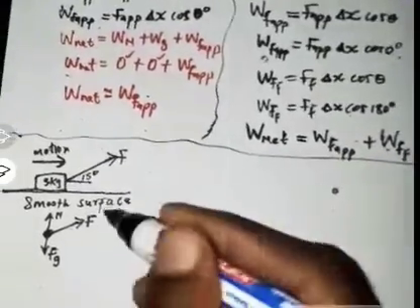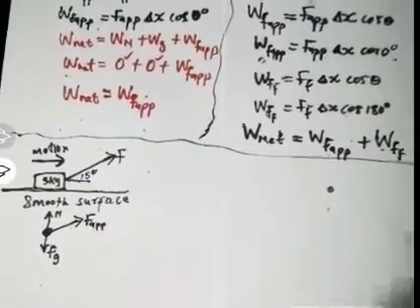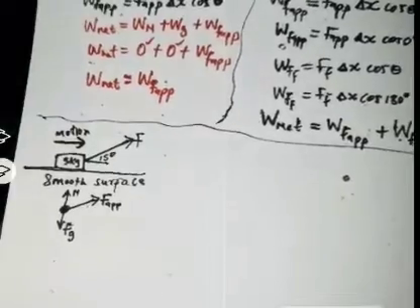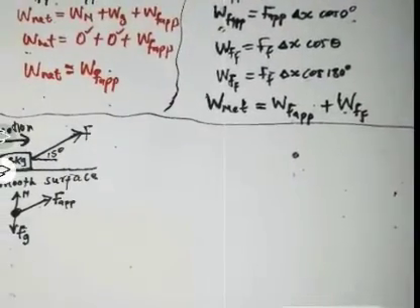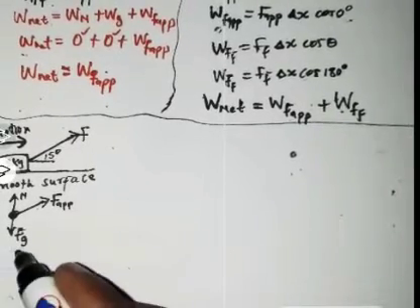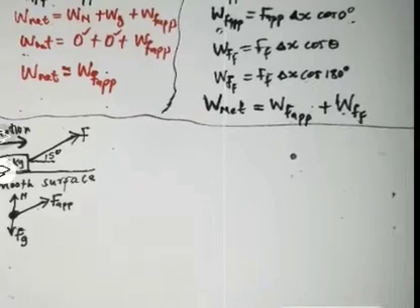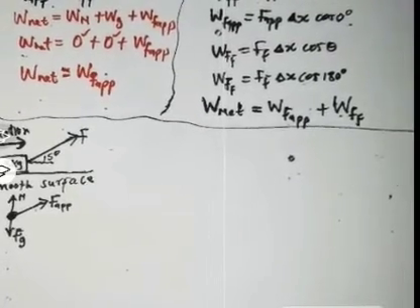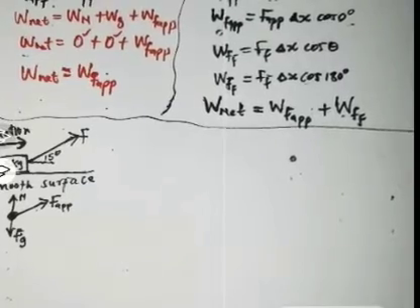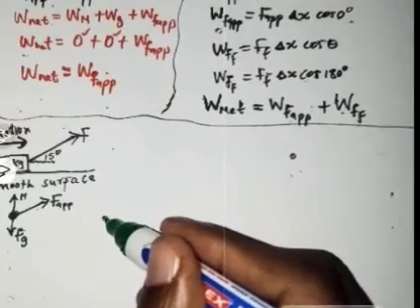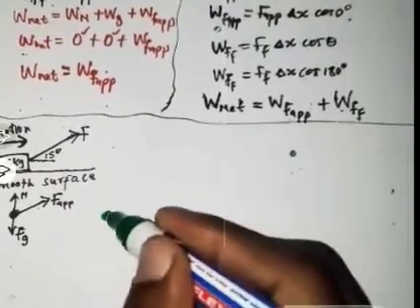So that is F. Then in this case we will have, again, let's draw another free body diagram for determining theta. Now the other free body diagram, this is what we have. Again, this is our motion.